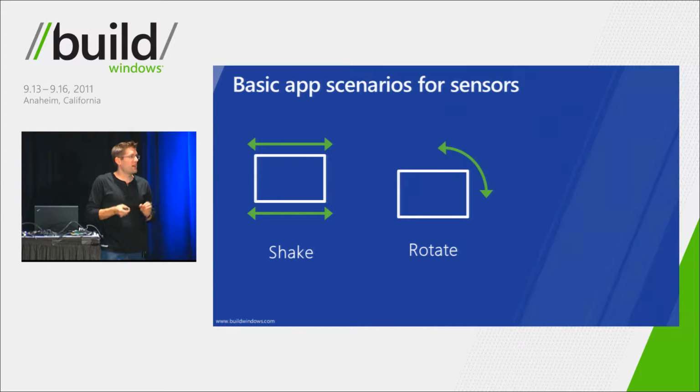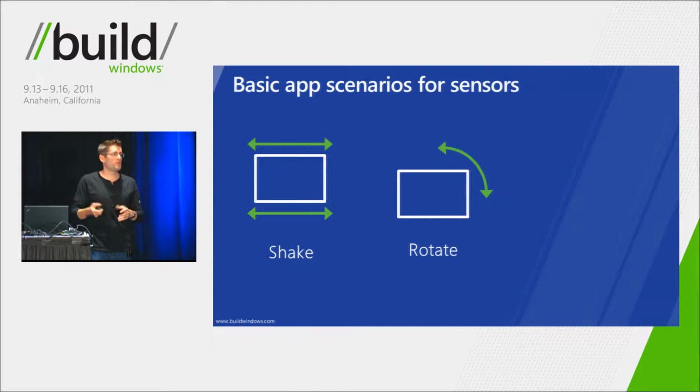The next scenario that we think is a real important fundamental is rotation. And so Windows 8 has auto rotation for the screen built in, end to end. In Windows 7, we learned that there were some issues with graphics and with display modes, and it was a real challenge to implement good screen rotation.